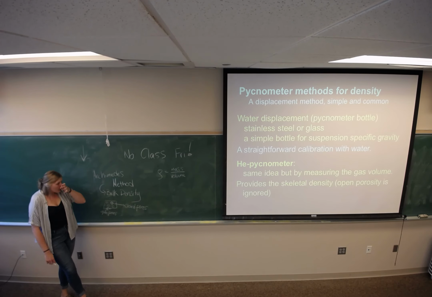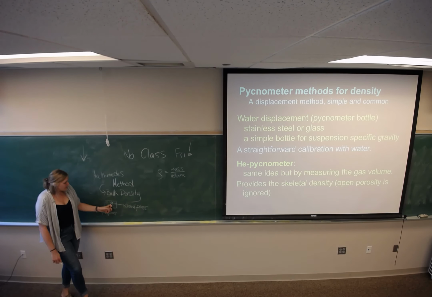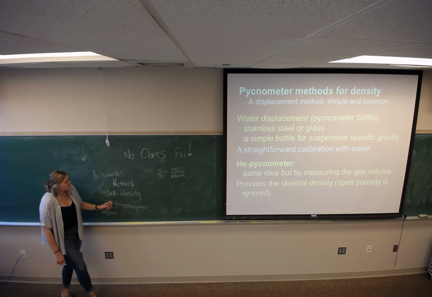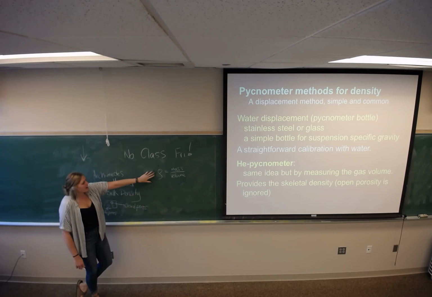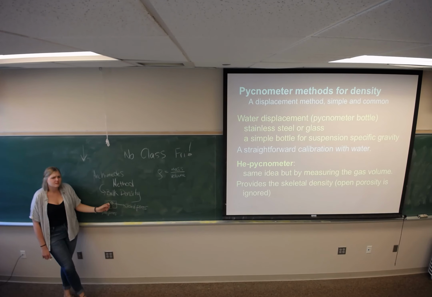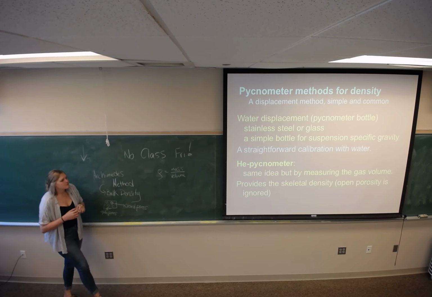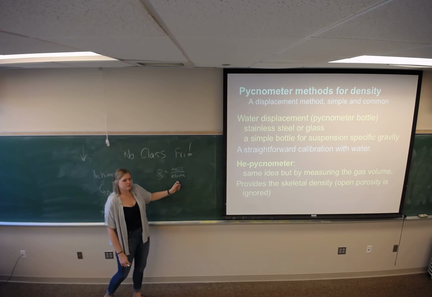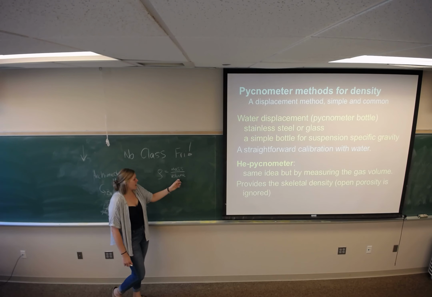Okay? So with your bulk density, do you think the density value that you would get would be higher or lower than what the true density would be if you didn't have any of these closed pores? What do you guys think? Lower, because you're going to have a higher volume measurement with your displacement, right? Over the same amount of mass.